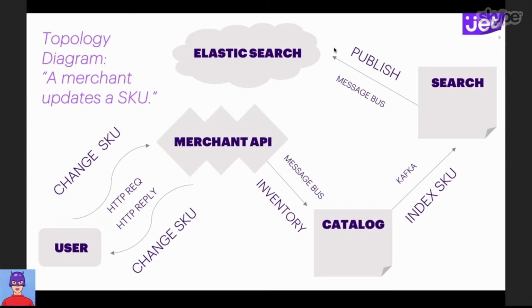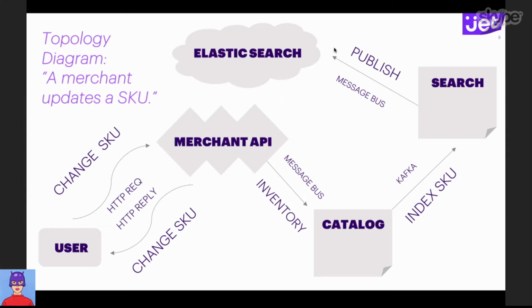So they're going to update, and that's going to talk to a merchant API, which is just an HTTP server. Now this server may queue something. It may add this update to some sort of inventory bus, which then publishes to a catalog. We don't exactly know what this catalog is, but maybe downstream this catalog adds that update to some sort of re-indexing topic, a search topic maybe, which later gets published to Elasticsearch.